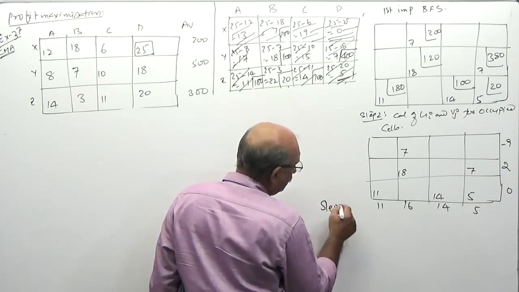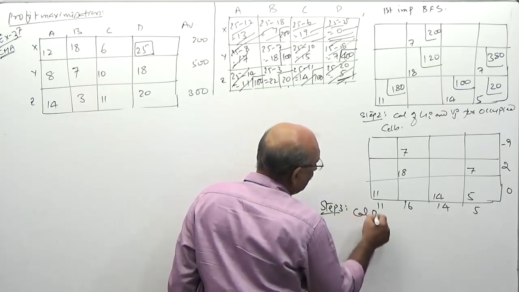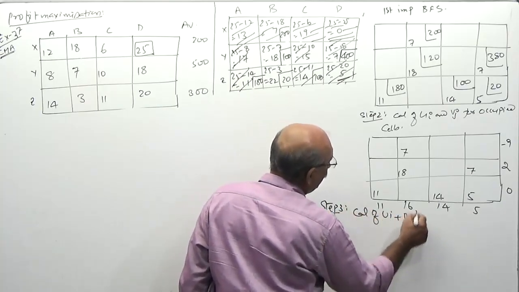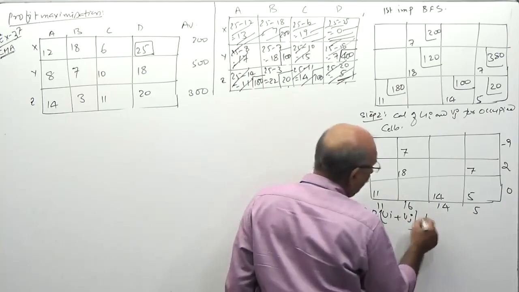Step number 3: calculation of Ui plus Vj for empty cells.